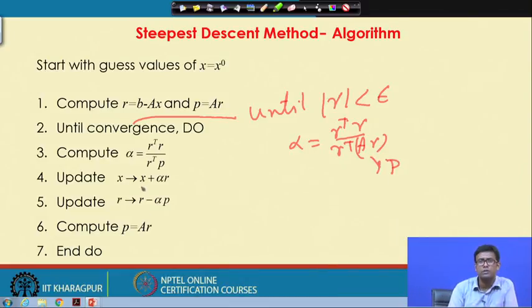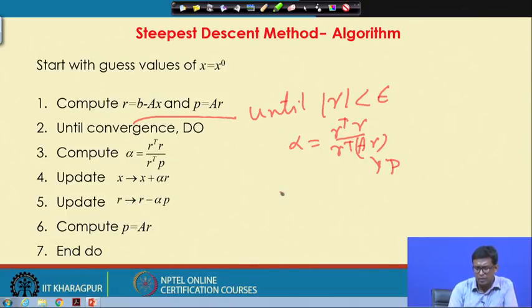Update x: the same variable x is overwritten as x is equal to x plus alpha r. This is a way to write something which is getting overwritten.